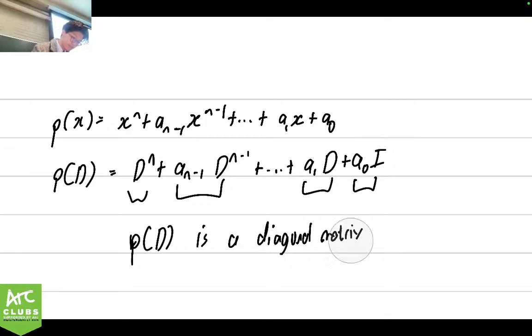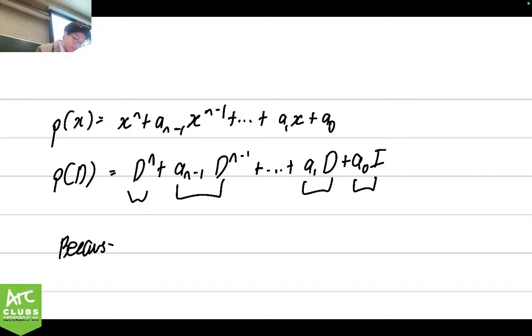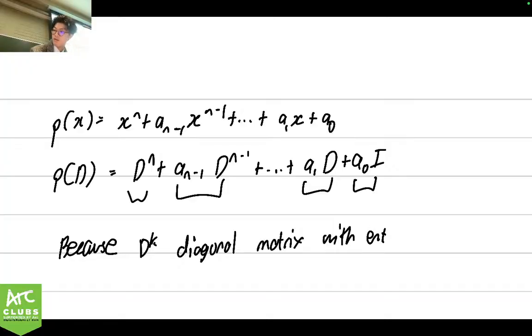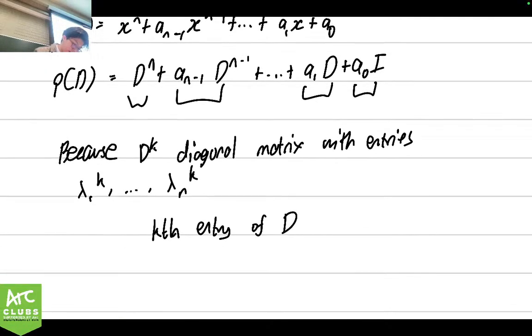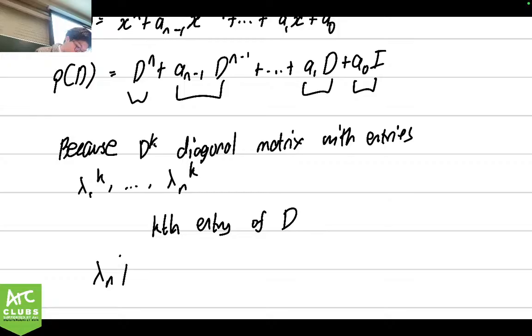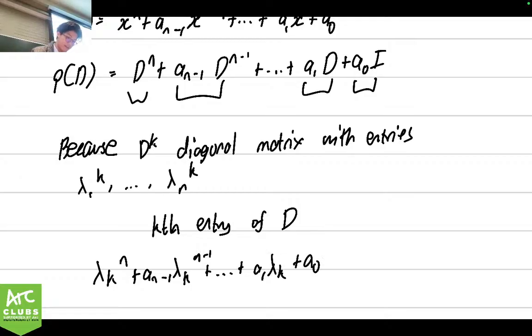And so because we have D to the k being the diagonal matrix with entries lambda 1 to the k all the way to lambda n to the k, we'll have the kth entry of p of D being lambda_k to the power of n plus a_{n-1} lambda_k to the n minus 1, all the way to a1 lambda_k plus a0.